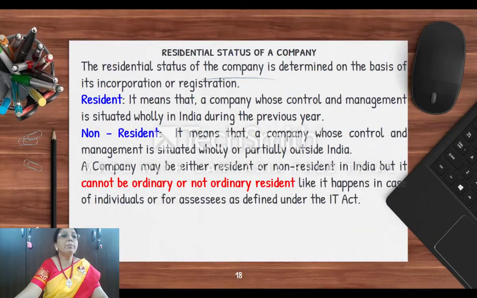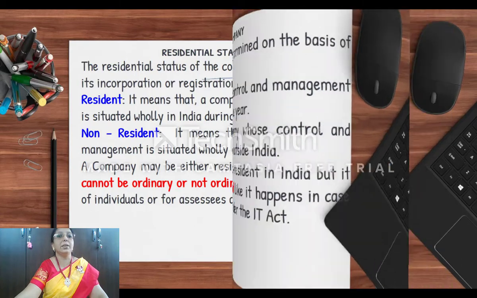So when we move on to the residential status of a company, there is no situation as ordinarily resident or not ordinarily resident for a company. It can either be in India or it can be wholly or partially outside India. The management can be in India, it's a resident. If the management of the affairs of the company is wholly or partially outside India, it's a non-resident.